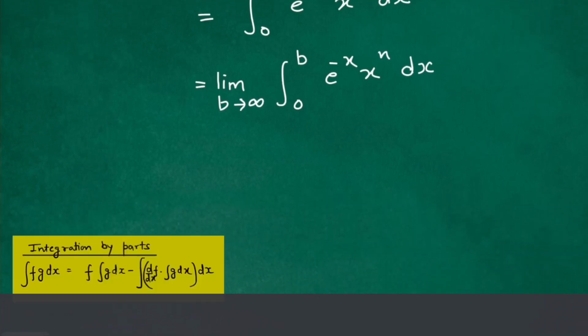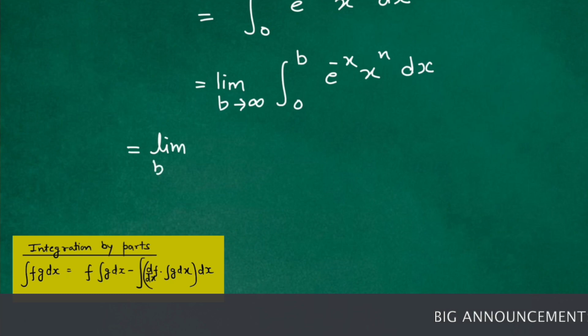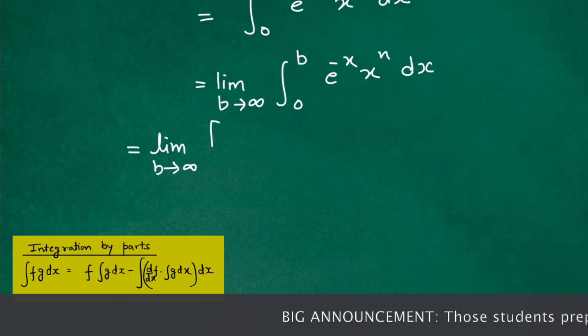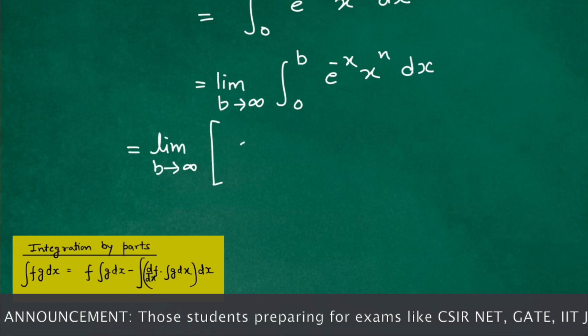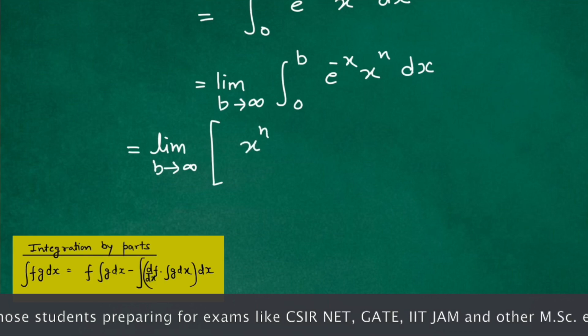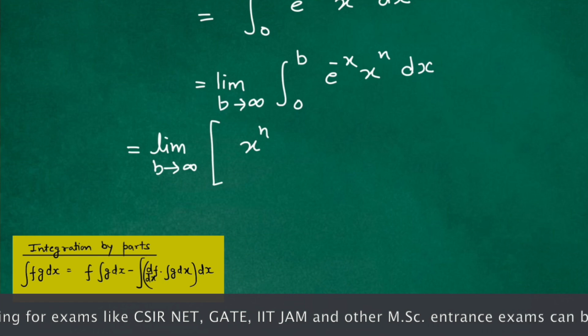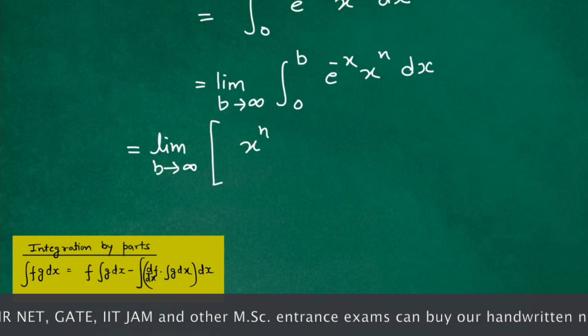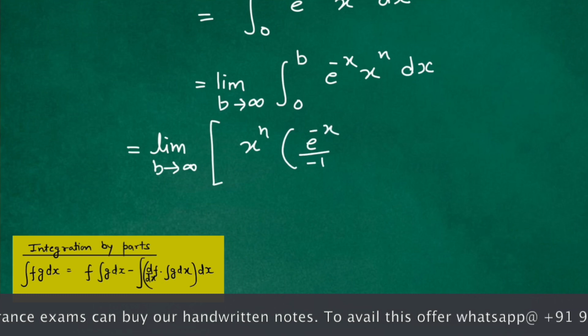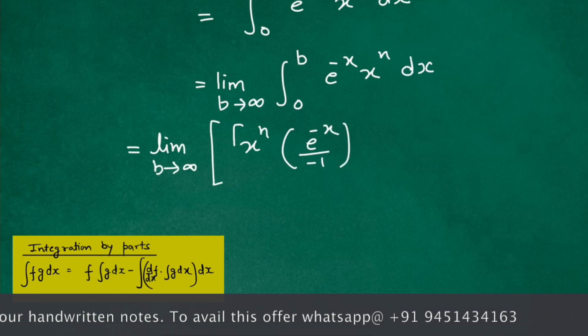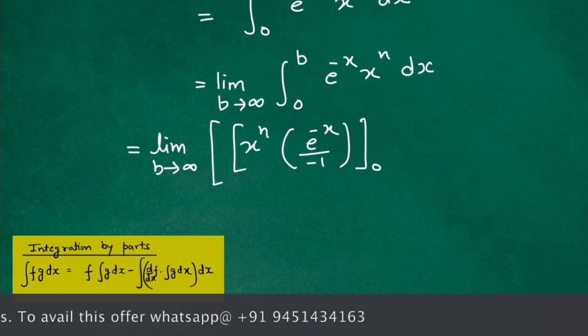Using integration by parts, we can write this as the limit b tends towards infinity of: first function times the integration of the second function. The integration of e raised to power minus x is e raised to power minus x over minus 1, and the limit is from 0 to b.